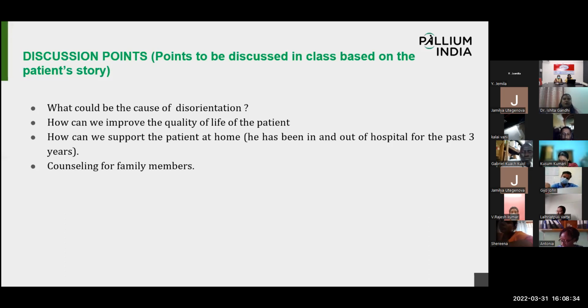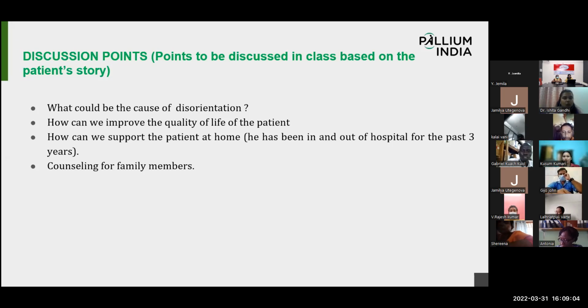So see, if you're talking about improvement of the quality of life of a patient, this is a very broad discussion. But as Kalayavani and one more person, and even Hanan now said, information, honest information, that is the first step towards ensuring a good quality of life of the patient.